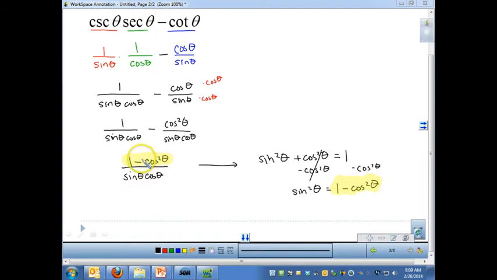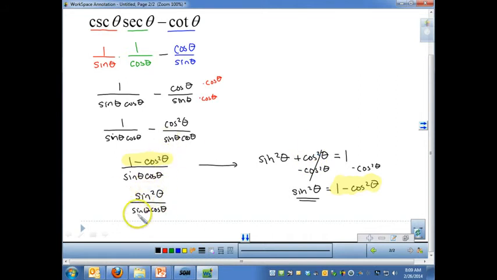So I'm going to substitute the 1 minus cosine squared of theta with that sine squared theta. So sine squared of theta over sine of theta cosine of theta. That's the substitution that I'm talking about. Sometimes we have to take these Pythagorean identities, move them around a little bit in order to get our substitution.